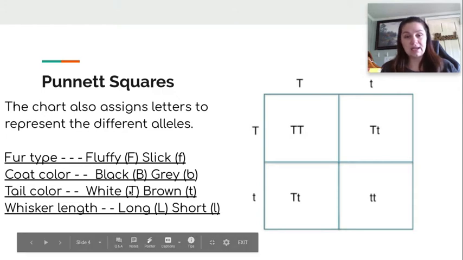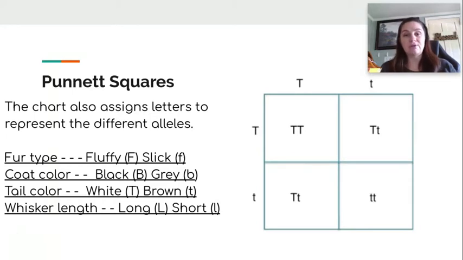So he's heterozygous for a white tail, and the mother is also heterozygous for a white tail. This is referring back to the rabbit scenario. We would be predicting the likelihood that the offspring would have either a white or a brown tail.